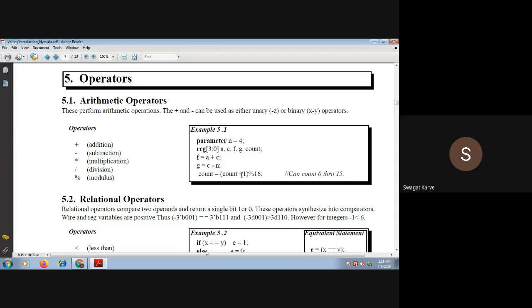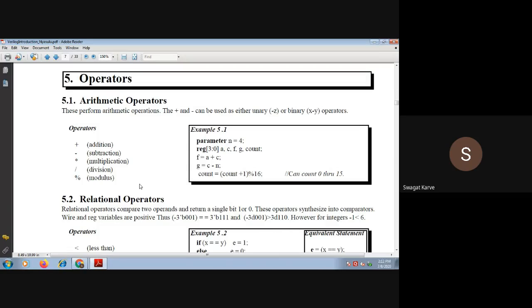What is included in the arithmetic operators? Addition, subtraction, multiplication, division, and modulus. This percentage sign is nothing but modulus, that is mod of something. This slash will be division, then multiplication, then subtraction, and then addition. So these are the arithmetic operators that you can use in Verilog.